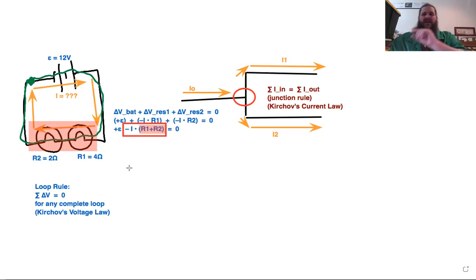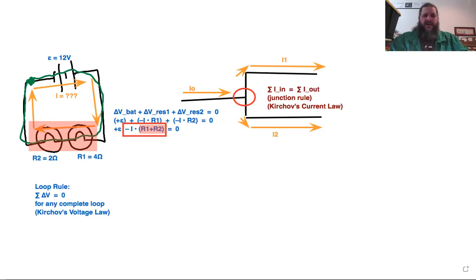In general, anytime you've got resistors in series, that is, there's just one path that goes through all of them, and there's no other branches you could take that avoids one of them, that means they all have to have the same current, which means you can treat them as just one big resistor with the resistances added together.